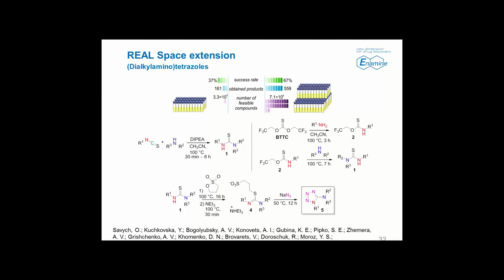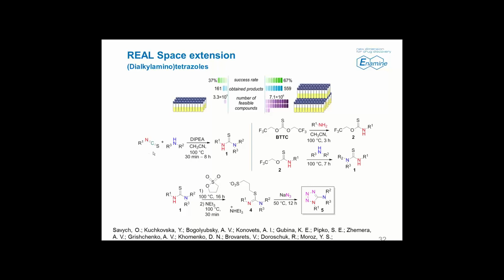This journal was closed, unfortunately, so now we publish our combinatorial chemistry achievements in the Journal of Organic Chemistry. So this work was related to synthesis of aminotetrazoles, and we have proposed two methods that differ only in the approach to the key intermediates that are thioureas.